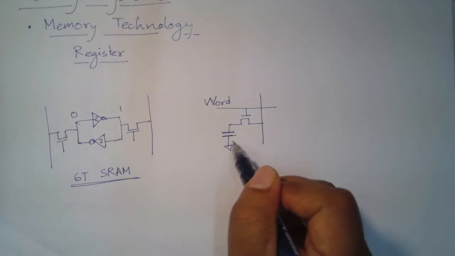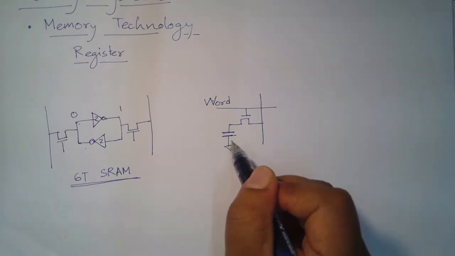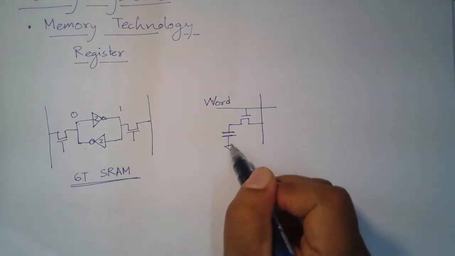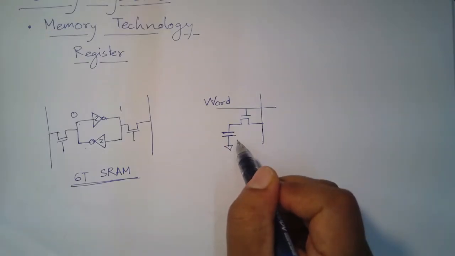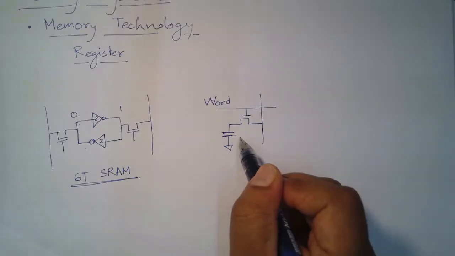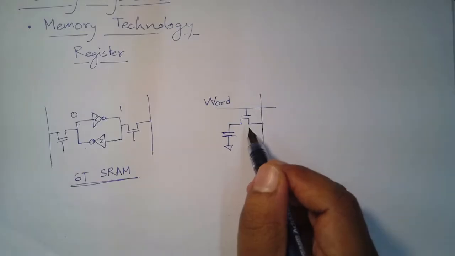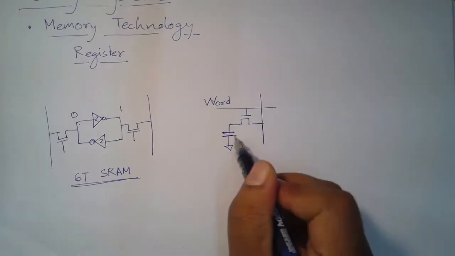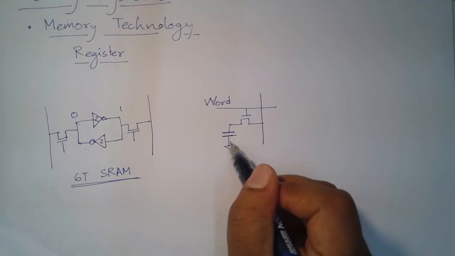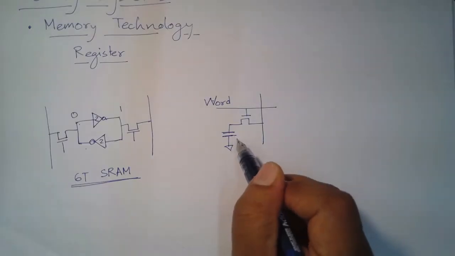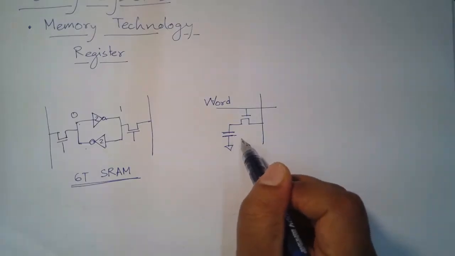So, let us say I charge this capacitor to the VDD value, and if I check back after, let us say, a few milliseconds, I will see that the charge has already started going down, because these capacitors have a resistive path through which the current discharges. That is why you need constant recharging or refreshing of these capacitors to store the value appropriately.